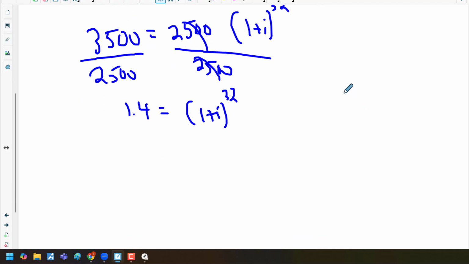Guess what? If you have something like this and it's squared, you take the square root of both sides. In this case, it's not to the power of 2, it's to the power of 32. You can take 32 roots of both sides.